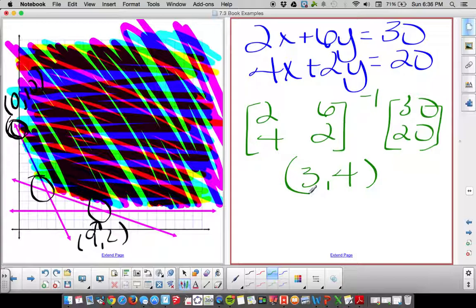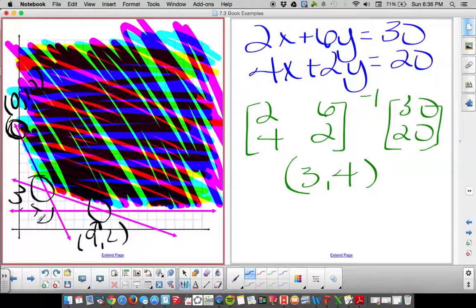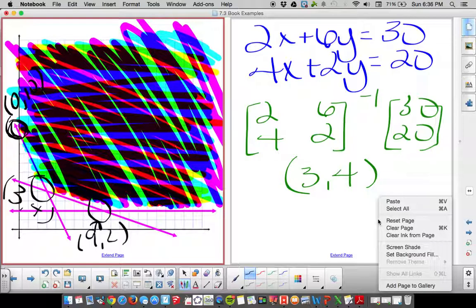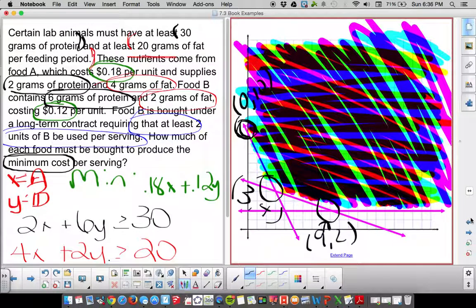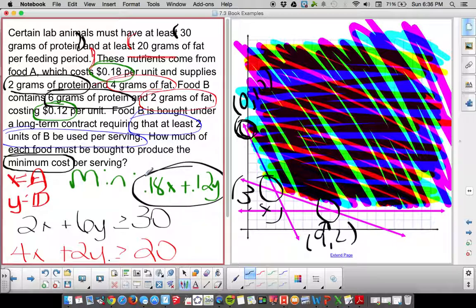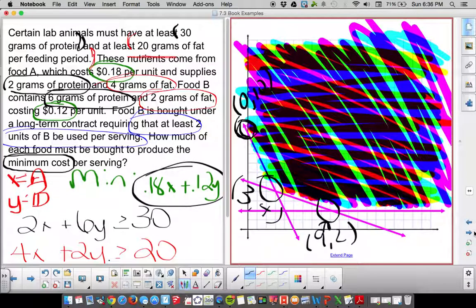Now I'm trying to minimize with these corners. So I need to plug in each one of these values to my objective equation. My objective equation is 0.18x plus 0.12y.